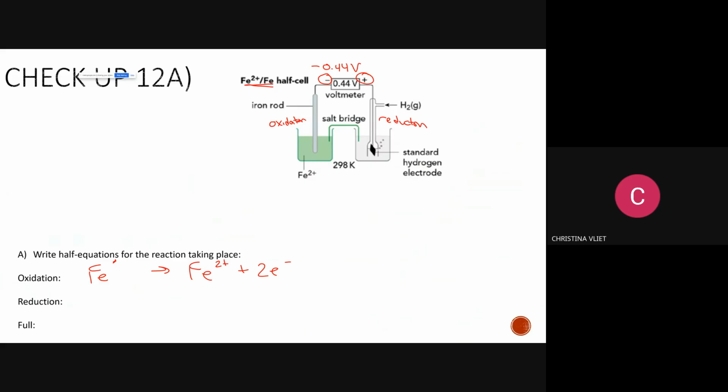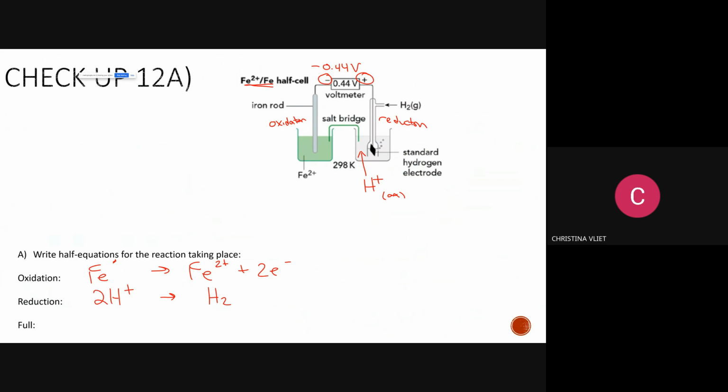Well, what's the form of hydrogen that's being reduced? What's here that they're not saying? Water, acid. It's H+, it's 1 molar acid, right? So what's being reduced? H+ is going to H2. 2 H+.